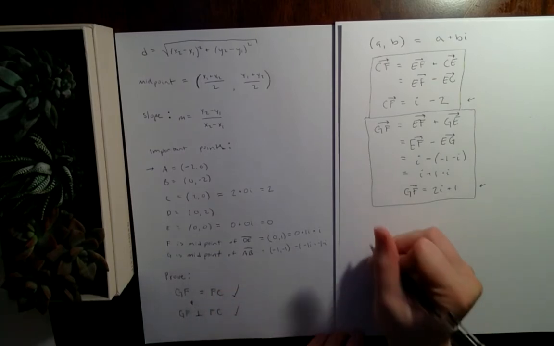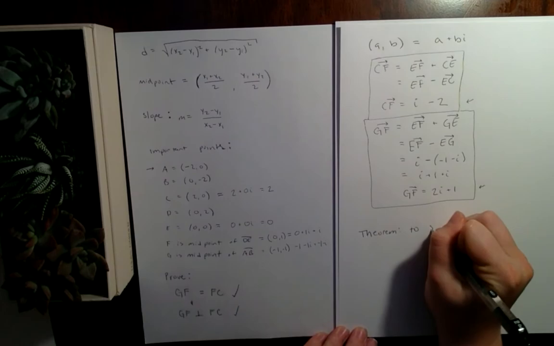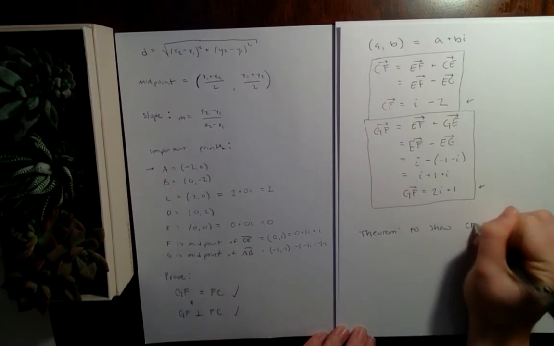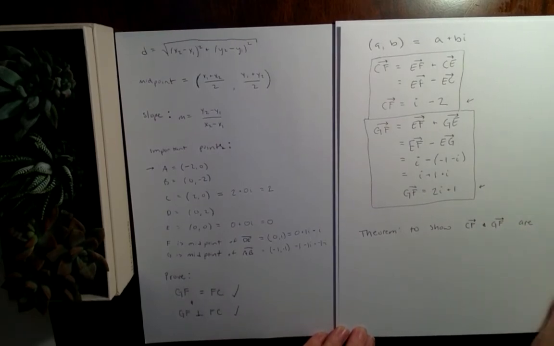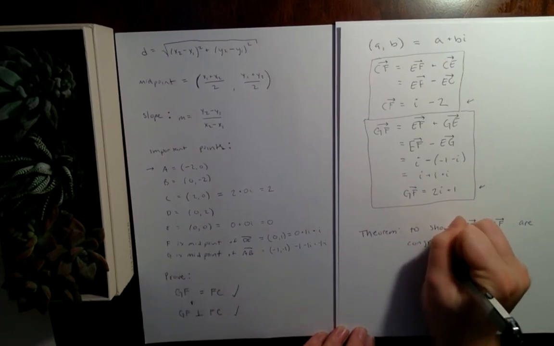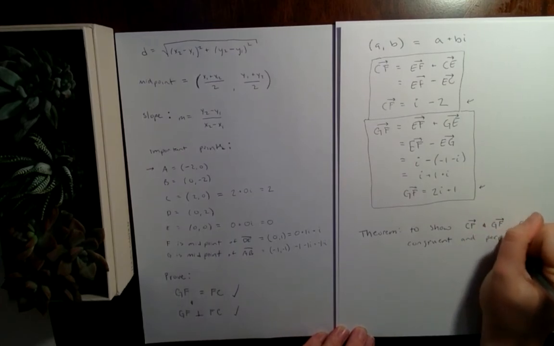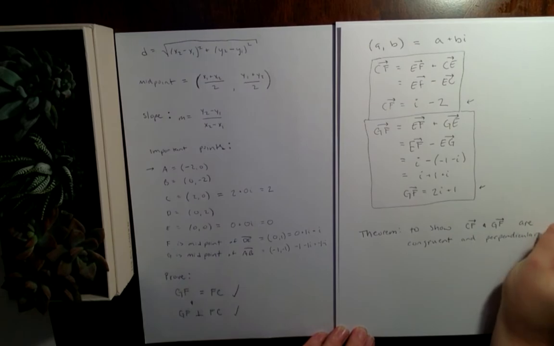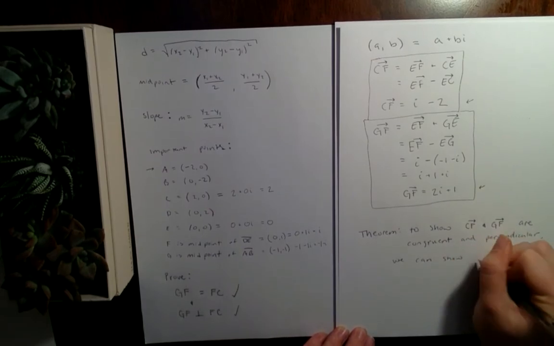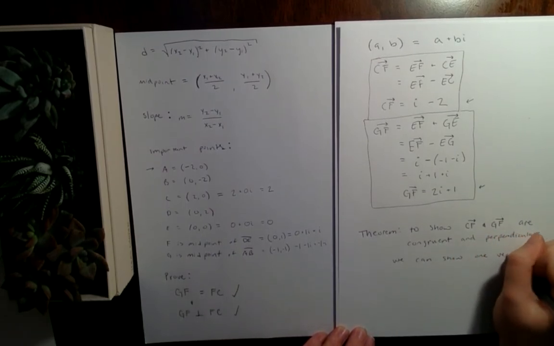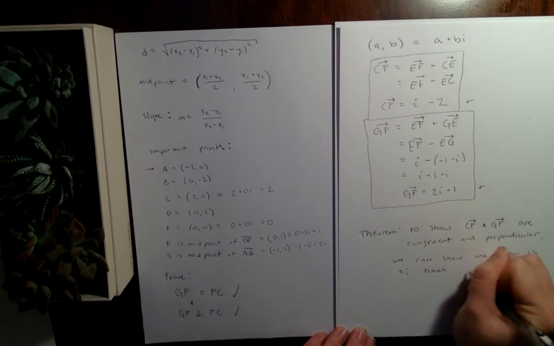So we have a theorem. I'm going to go ahead and write it out. To show that CF and GF are congruent, which means they're the same size, and perpendicular, we can show one vector is plus or minus I times the other.